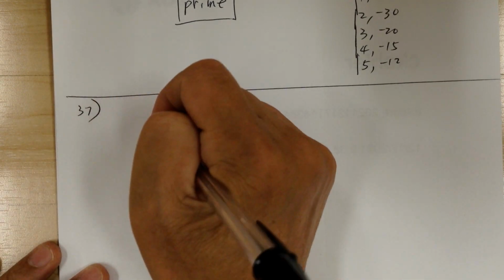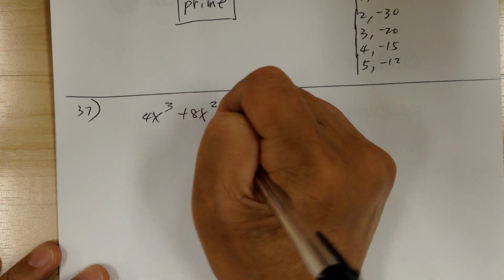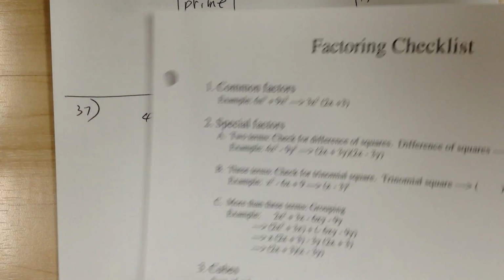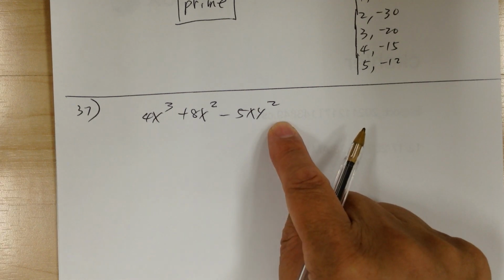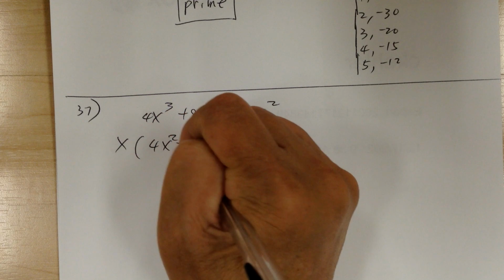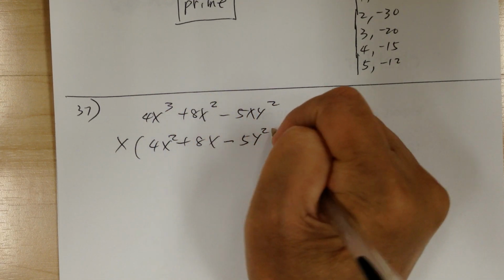Number 37. You got 4x cubed plus ax squared minus 5xy squared. Again, make sure you go through the steps. Step 1, common factor. All these have the x, so you can factor out the x. You're going to get 4x squared plus ax minus 5y squared.